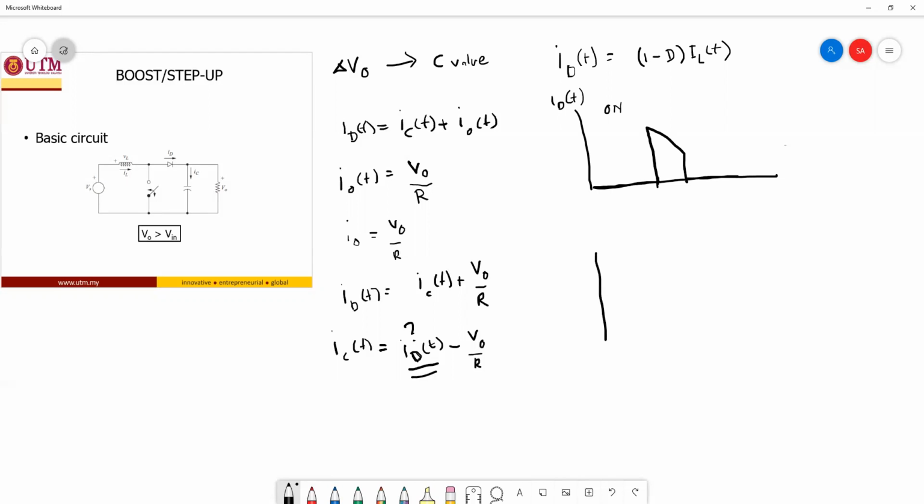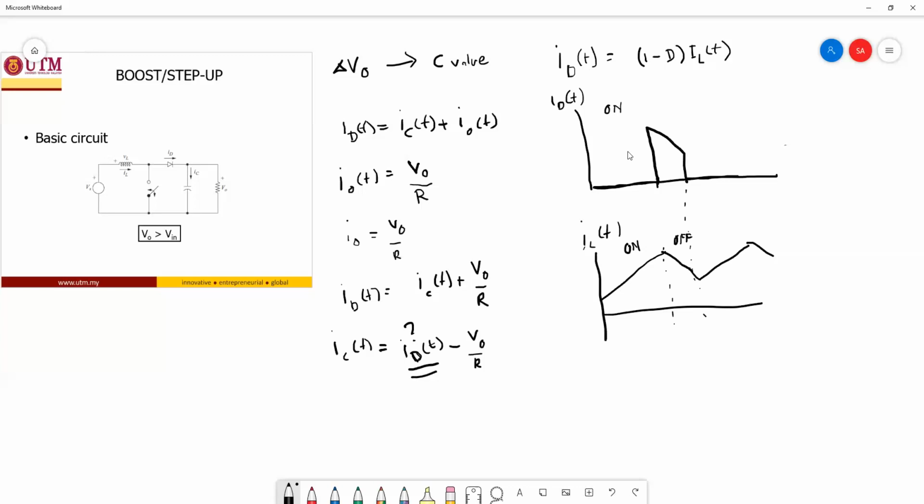Recall the inductor current is like this, this is I L of t, and this is your switch on, this is off. So I diode is equal to the inductor current only during switch off. This is the waveform of the I diode.